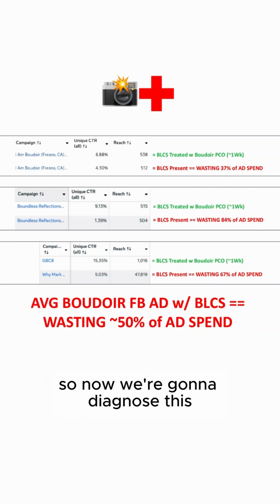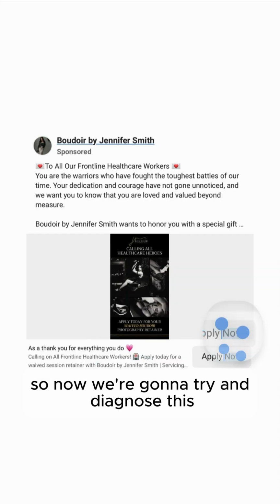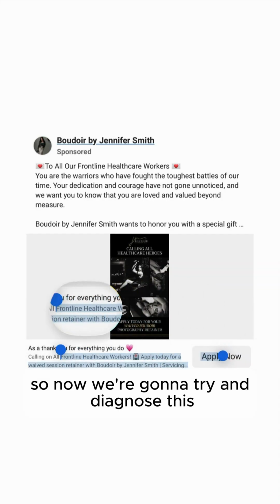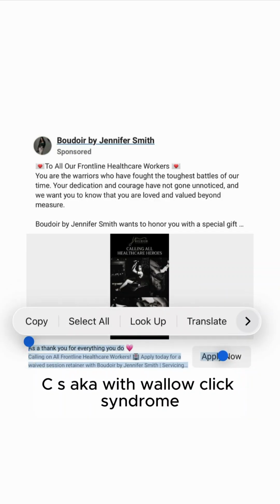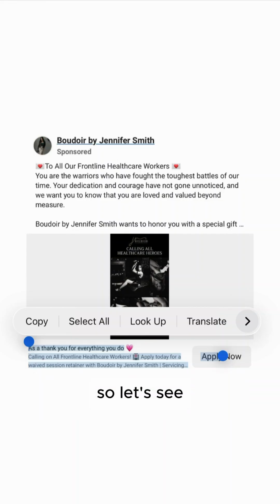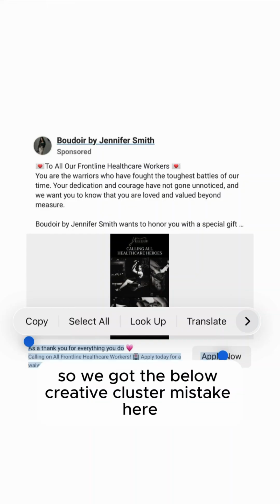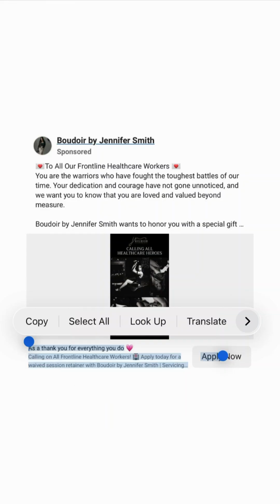So, bonus. Now we're gonna try and diagnose this, if we believe this has BLCS, aka Boudoir low click syndrome. So let's see. We got the below creative cluster mistake here.